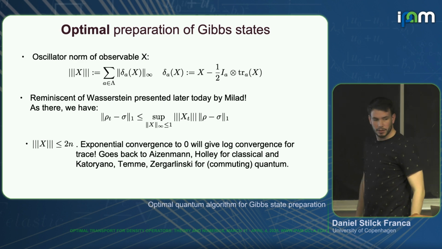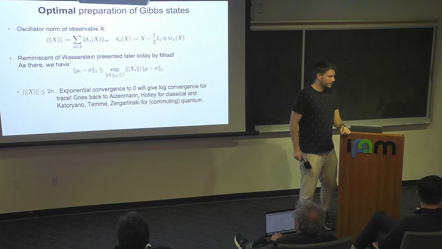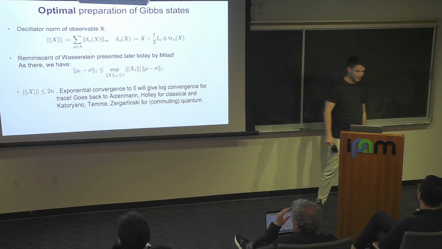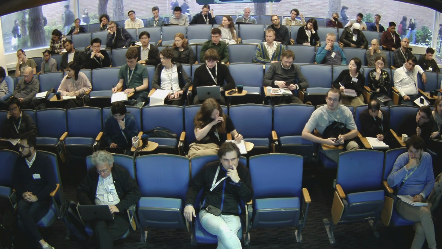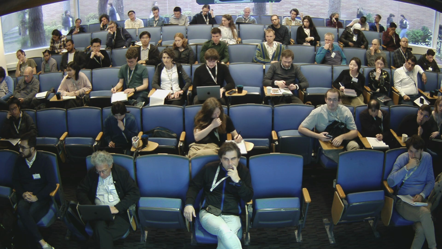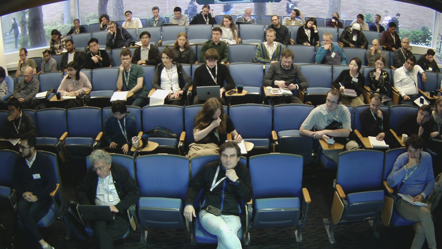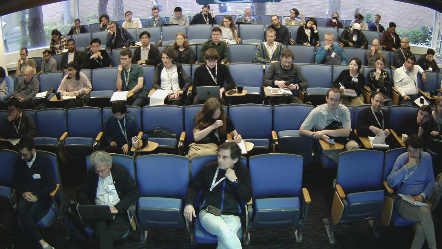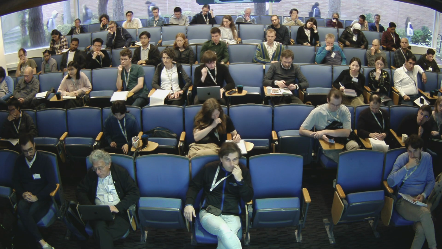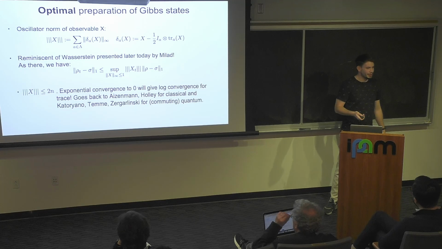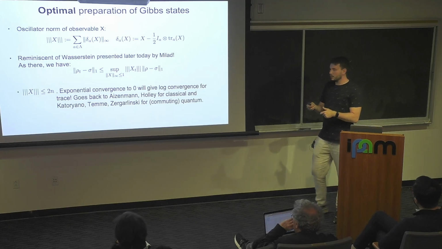I have a question about this oscillator norm. What if you just replace the sum by the supremum? Then I guess you get exactly, up to a constant, this Wasserstein 1 distance of Milad and others. So that's why I think there might be some relation.